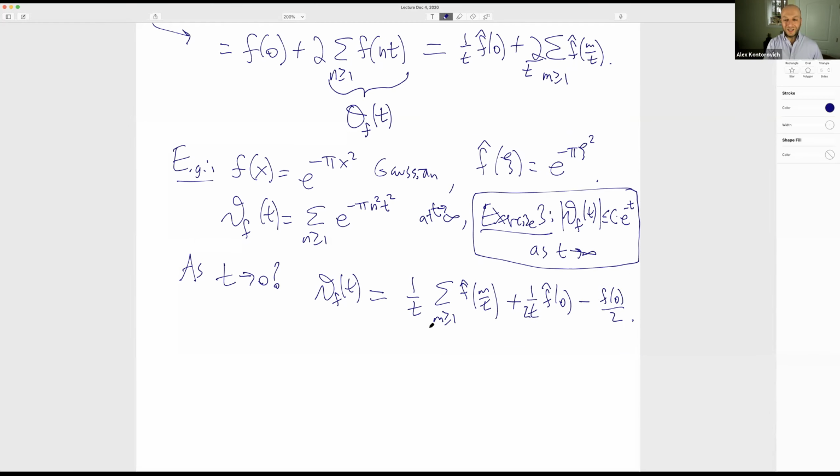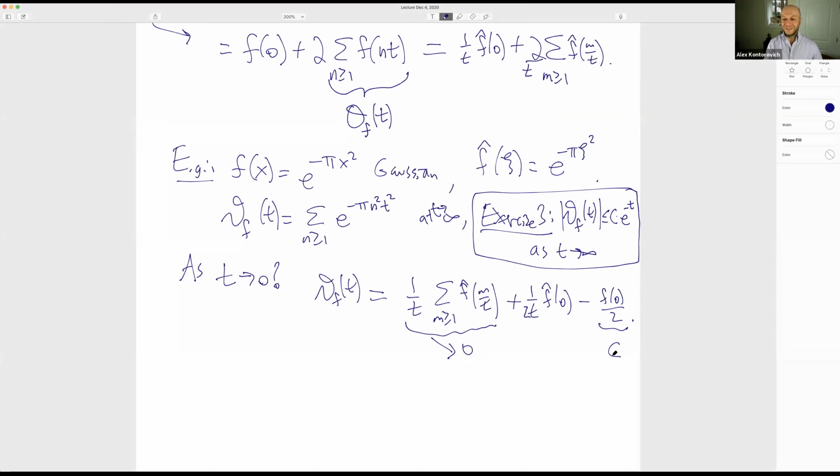And so this part is decaying exponentially. This part's blowing up. So what happens to this as t goes to 0? What happens when you have exponential decay times polynomial growth? Yeah, this is going to 0.